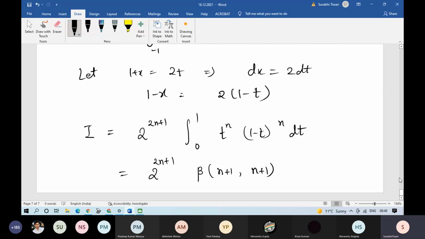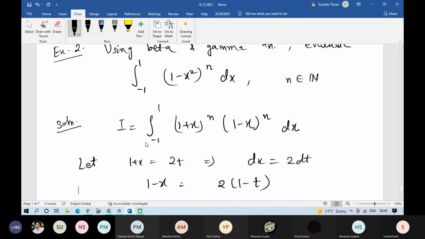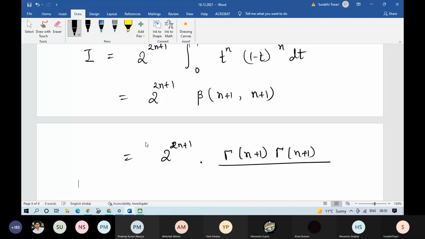Now to calculate this value, we convert beta into gamma function, because we know the values of gamma functions. So this is equal to 2 to the power of 2n plus 1 into gamma n plus 1, gamma n plus 1 upon gamma of n plus 1 plus n plus 1. So we have 2n plus 2. Now what is gamma n plus 1?